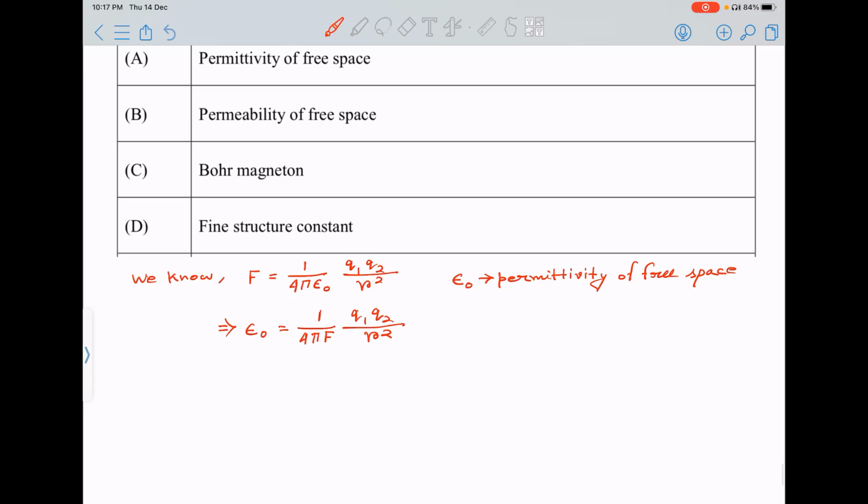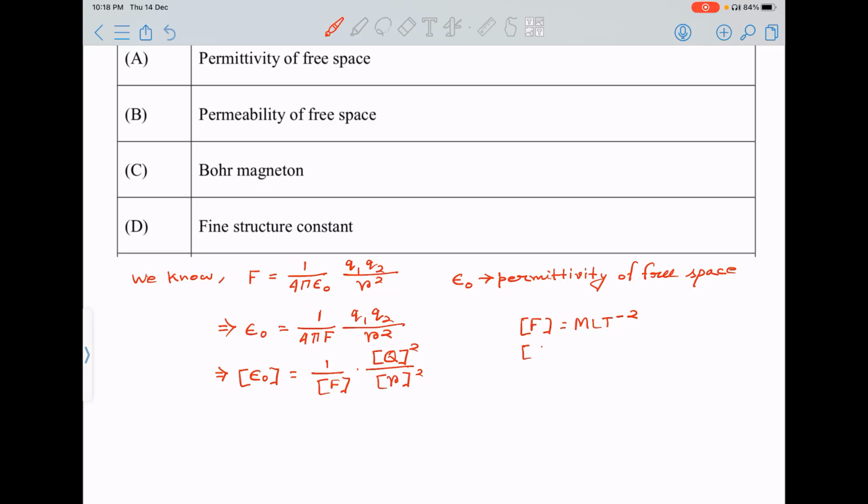So the dimension of epsilon naught would be equal to 1 upon the dimension of force times the dimension of charge square times the dimension of R square. Now we already know that the dimension of force is M L T to the power minus 2.